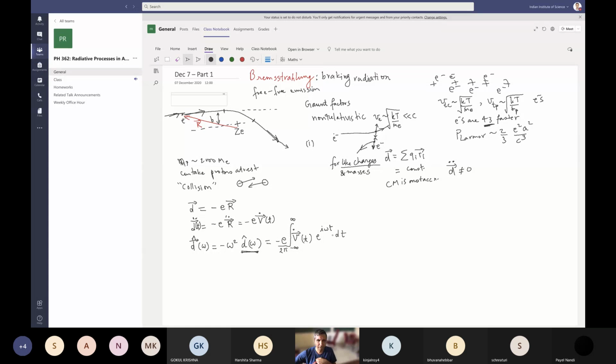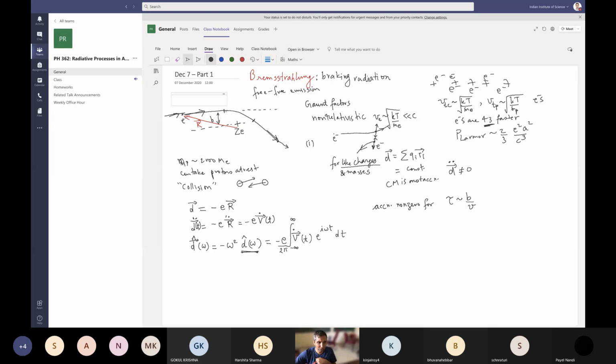Now, as I said, we are considering small angle scattering. So the acceleration is non-zero only for this short time tau, which is of order b by v, where b is the impact parameter.